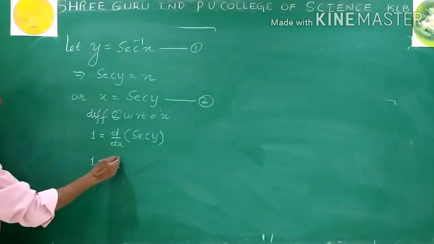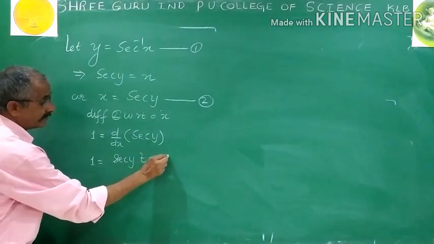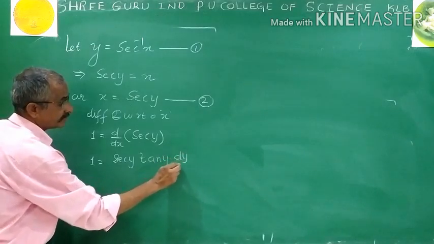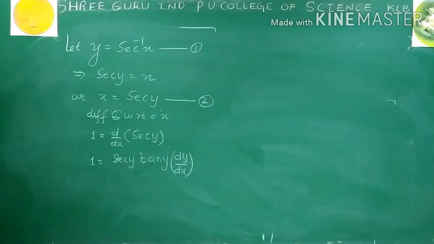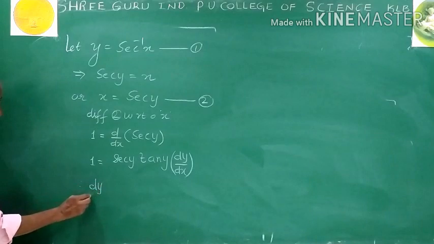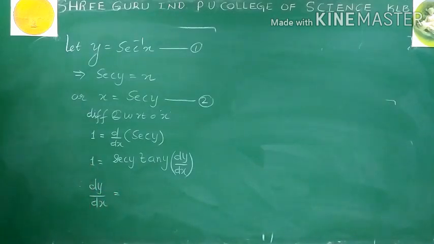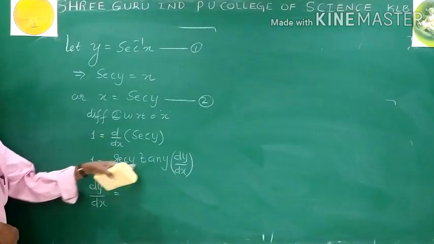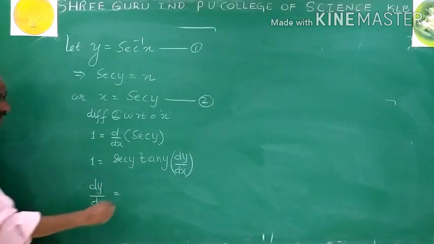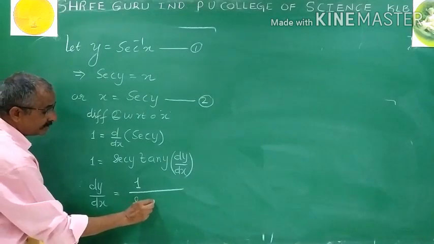Here it is secant y tan y into dy by dx. From this, dy by dx: sec y tan y is brought to the left side, and it becomes a divisor because it was multiplying. So dy by dx equals 1 divided by secant y into tan y.